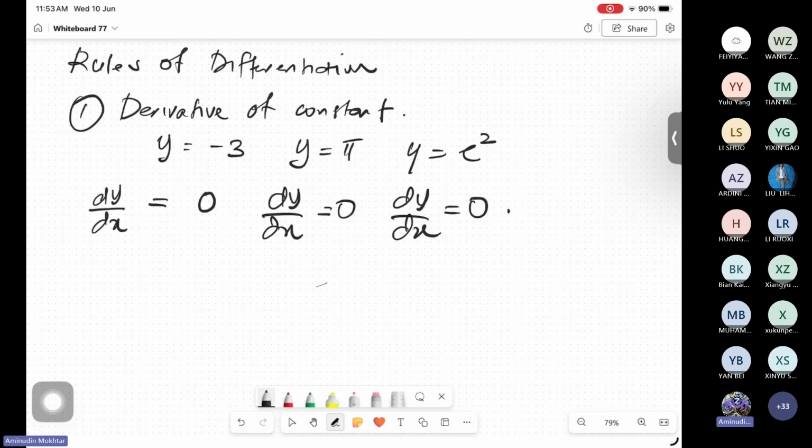So that is the rule for the derivative of any constant function. The first derivative for any constant function is 0. As long as the function has no slope, the slope is 0, the first derivative is also equal to 0. That is rule number 1.